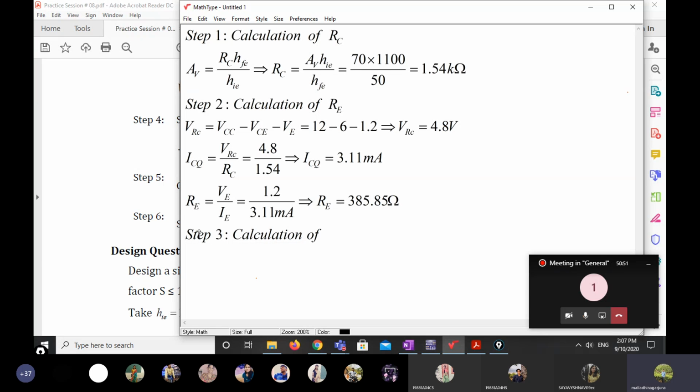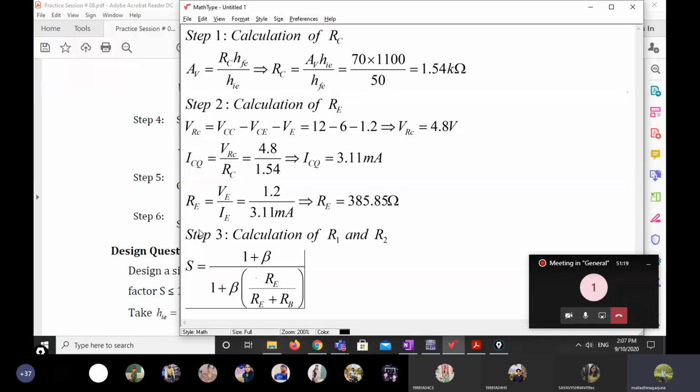Calculation of R1 and R2. The stability factor is equal to, what is the formula? 1 plus beta divided by 1 plus beta, RE divided by RE plus RB.